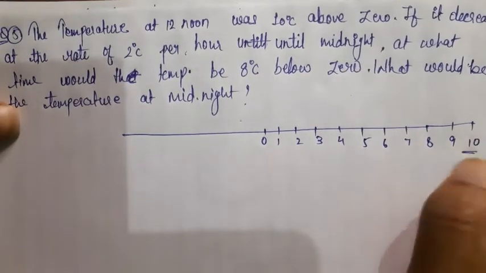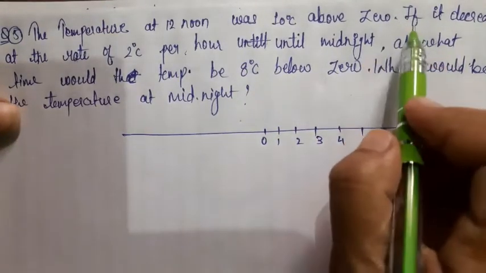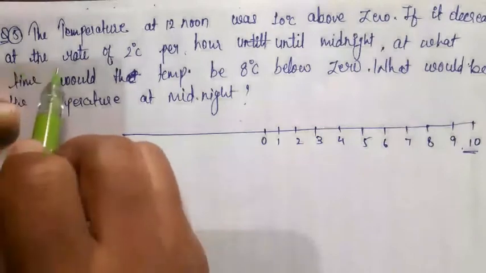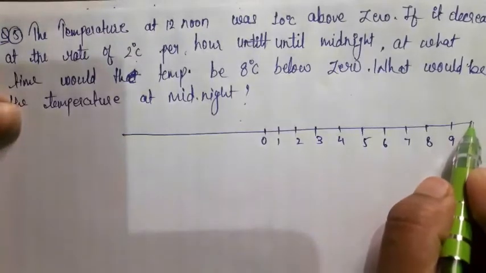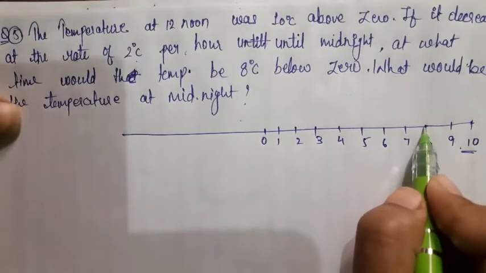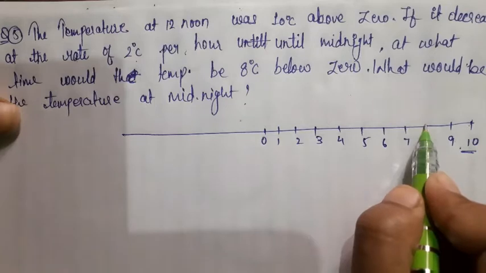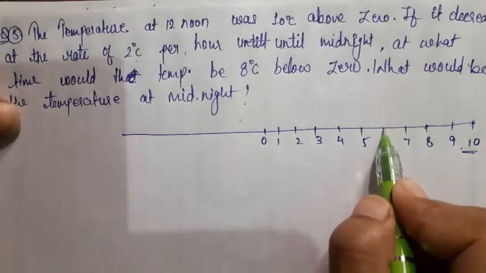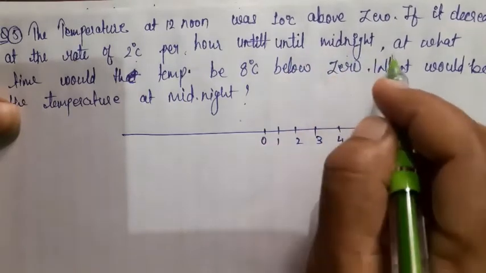Above 0 means this is a positive value, and next it decreases at the rate of 2 degrees Celsius every hour, so in 1 hour 8 degrees, next 6 degrees Celsius, again 4 degrees Celsius until midnight.